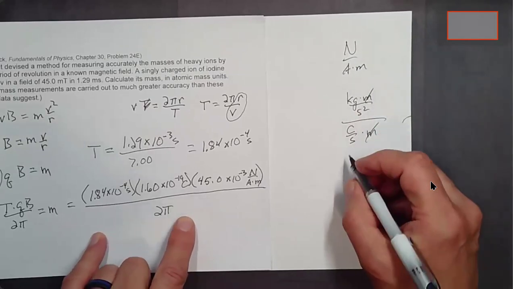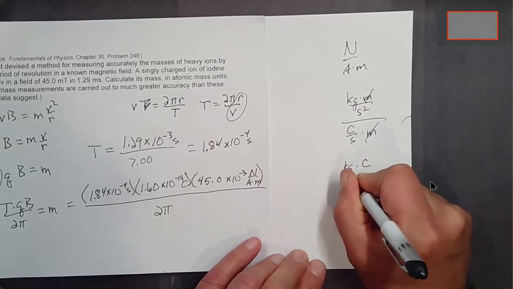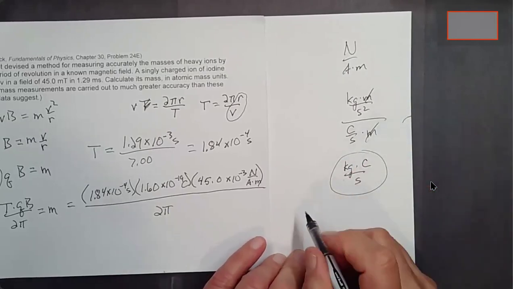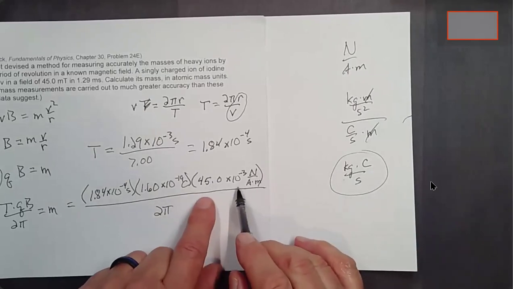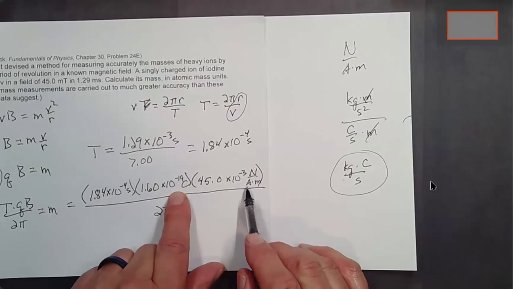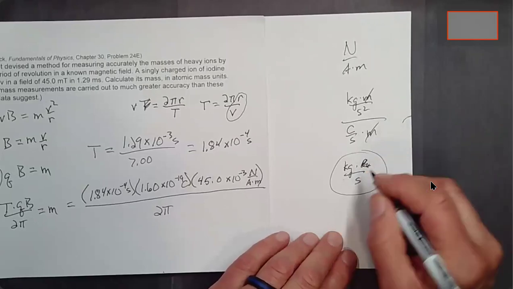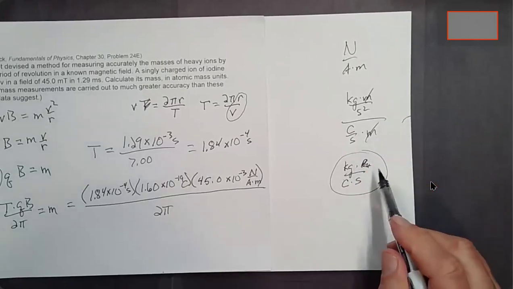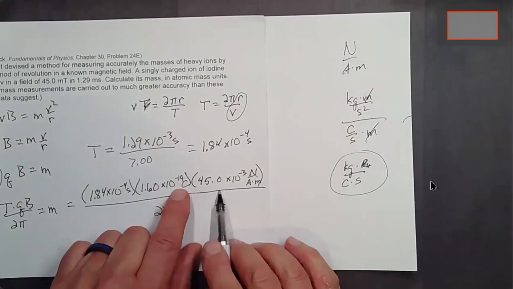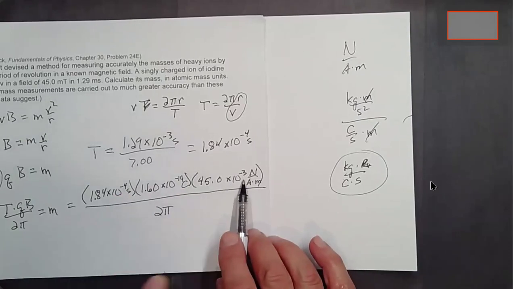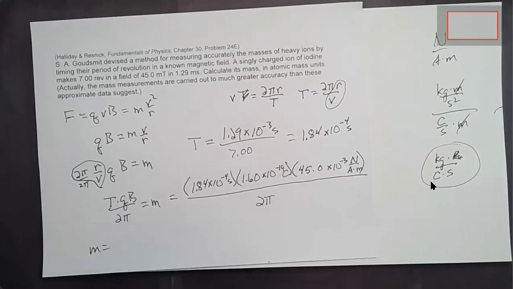It turns into a kilogram coulomb per second. No, it doesn't. It's a kilogram per coulomb second, because you invert this and multiply. So the coulomb goes away, the seconds go away, and I'll end up with kilograms. Good.